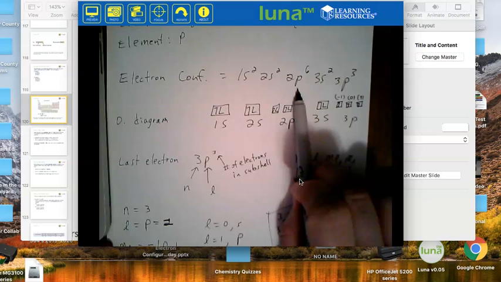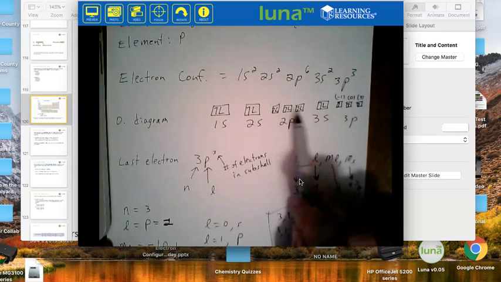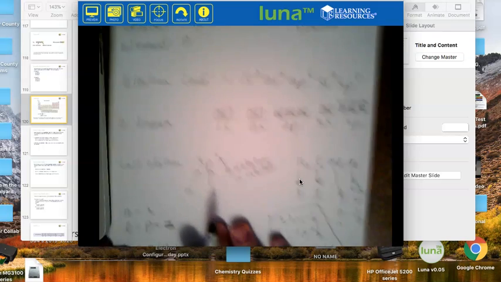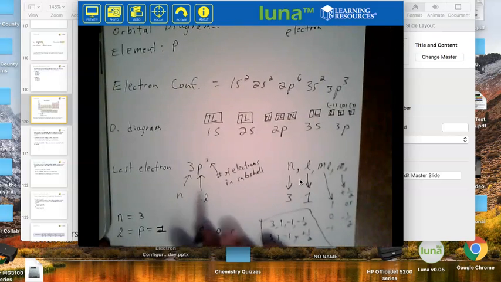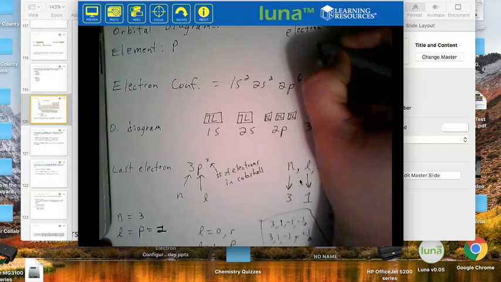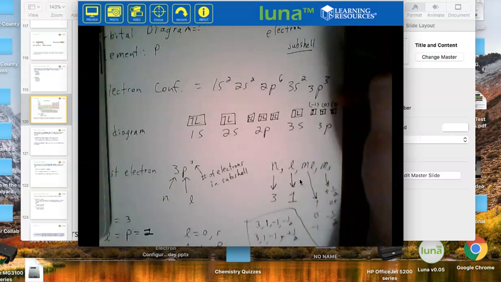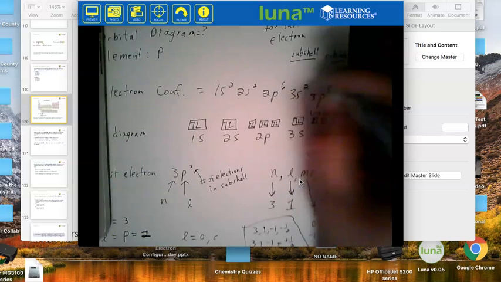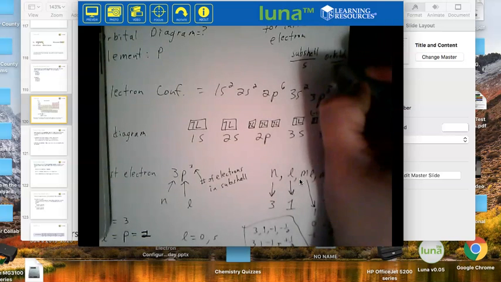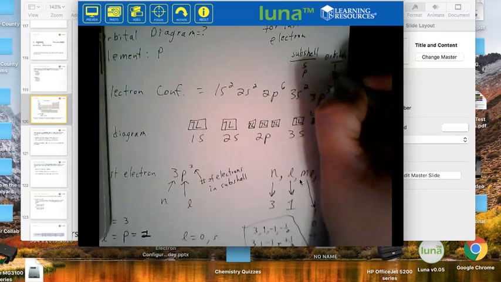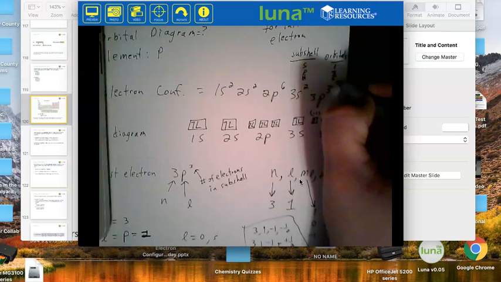The 2p, p subshells have 3 orbitals total, so 3 boxes. As a list: if it's s, there's 1; if it's p, there's 3; d is 5; and it's 7 if it's an f.